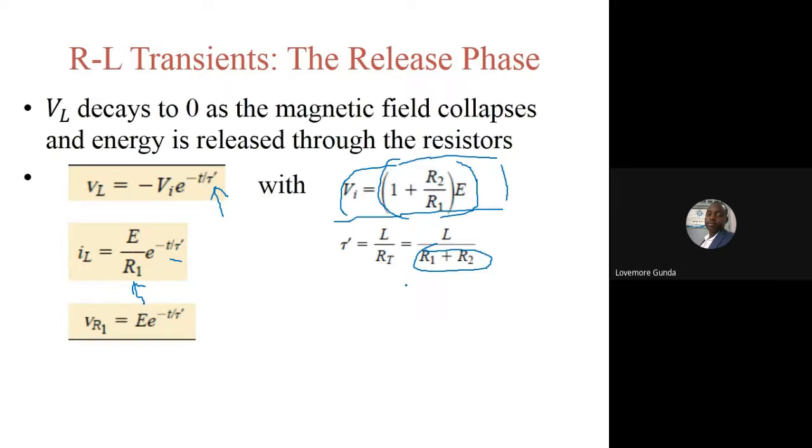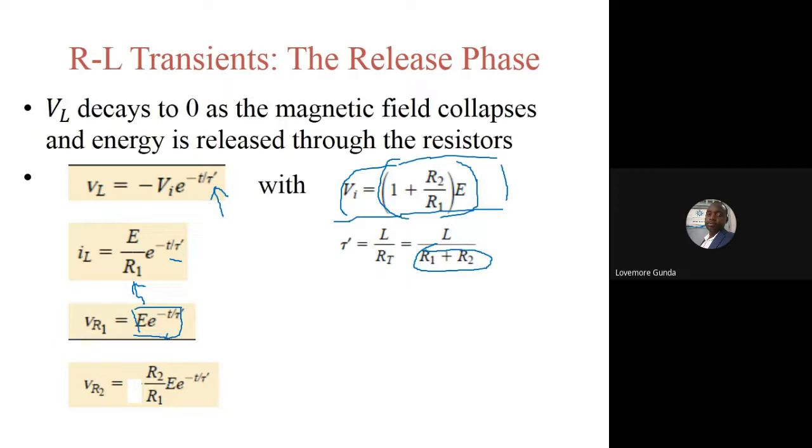VR1 becomes equal to E exponent of minus t over tau, because VR1 was equal to E when we removed the source. So the initial value of VR1 was equal to E. Then VR2 becomes equal to R2 over R1 times E, exponent of minus t over tau, right?